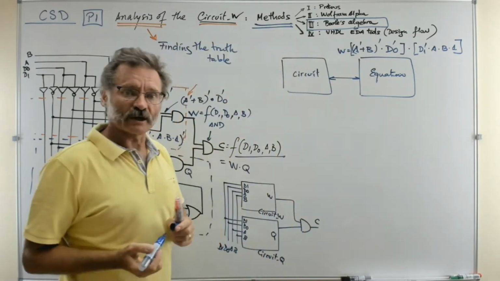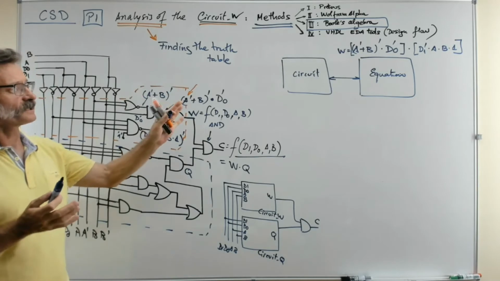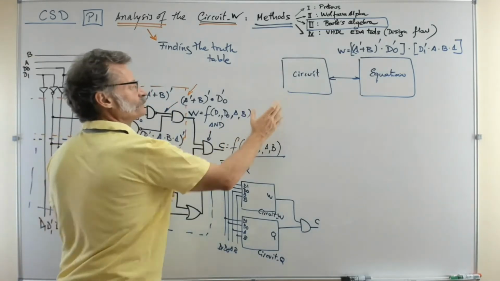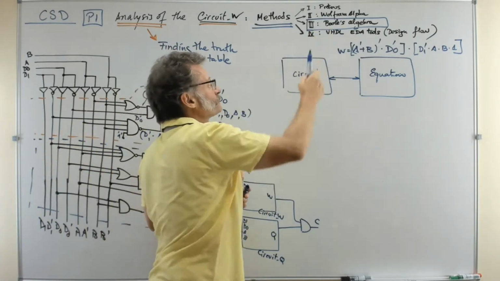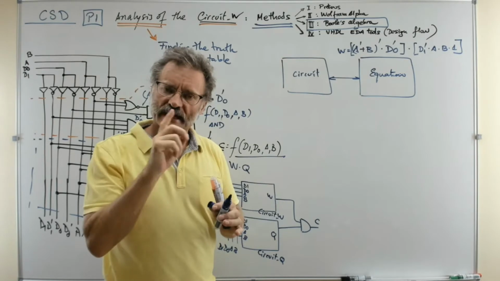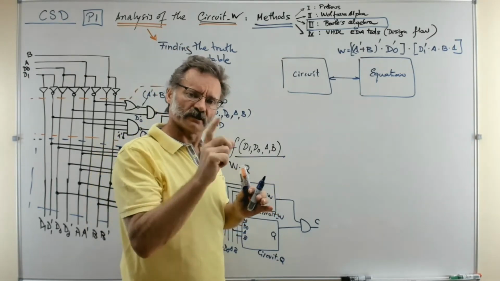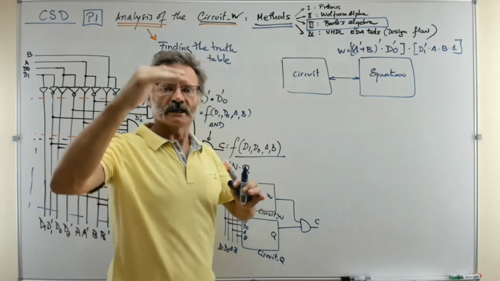So now what? What goes next? Well, if you have this equation, or if you have the circuit, you know by the other methods that you can go through a Proteus simulation by means of a virtual laboratory, and you can get the truth table, trying all the possibilities from 0, 0, 0, 0 down to 1, 1, 1, 1.